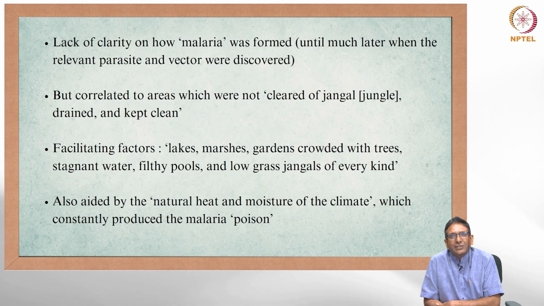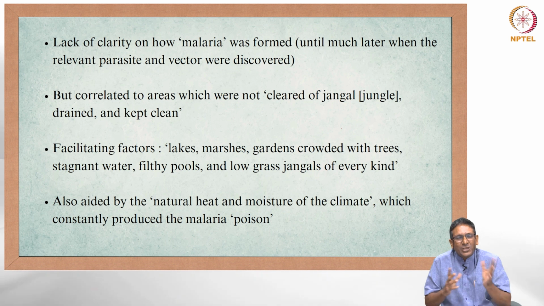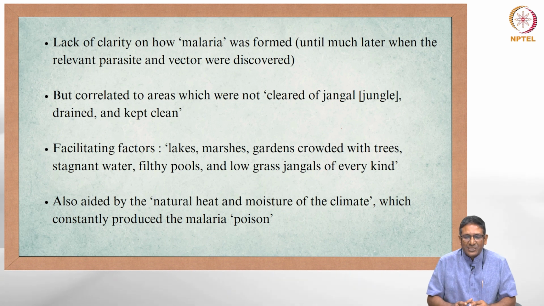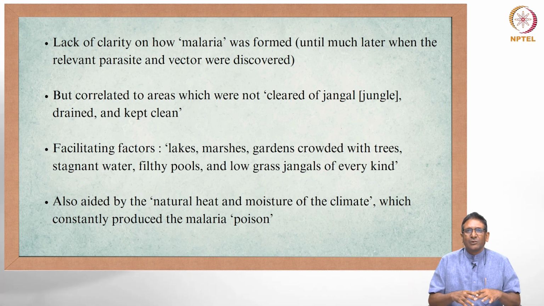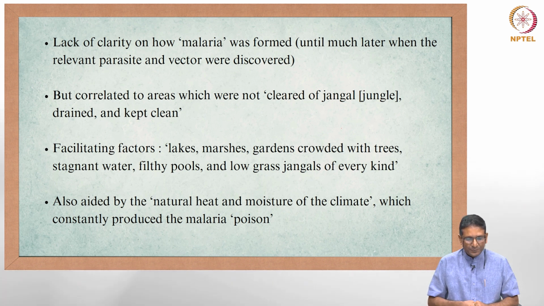But initially, there wasn't much clarity about how it was caused, but some correlation could be made between the disease and certain kinds of areas and situations, areas which are not cleared of jungles, which are not drained, or which are not kept clean, or it could be correlated to certain factors like lakes, marshes, gardens with crowded trees, stagnant water, filthy pools, and all kinds of low grass jungles.